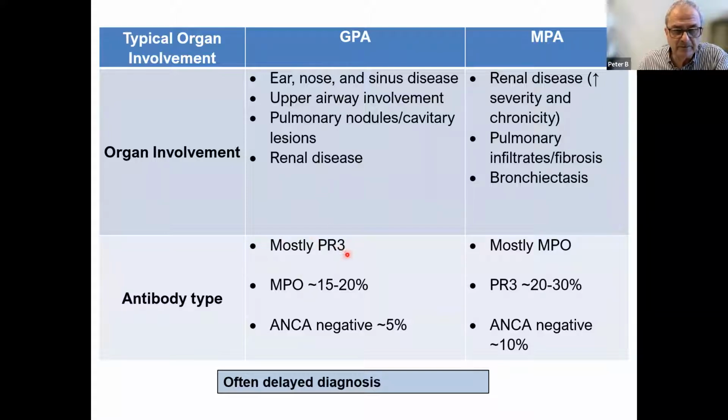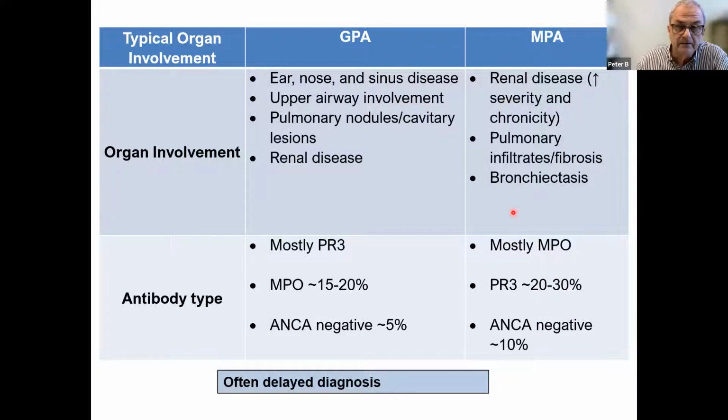And this is mostly PR3 positive. MPO is less than 20% in this entity. Microscopic polyangiitis has more renal disease and less involvement of the lungs, but there can be infiltrates. And this is mostly MPO, but PR3 can be up to 30% here also, and more ANCA-negative vasculitis here also.